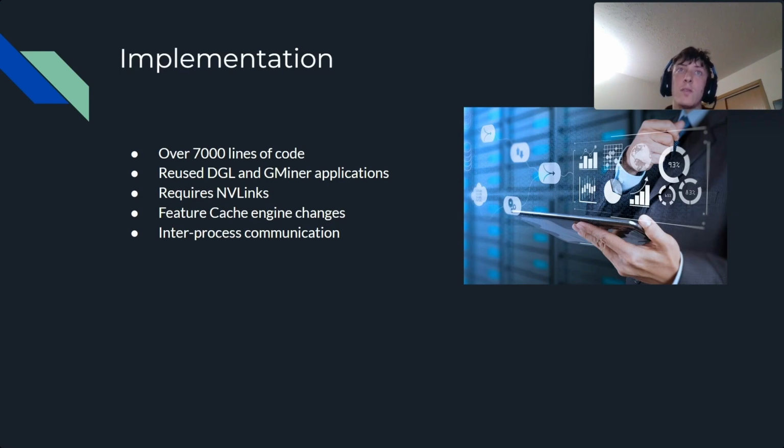The researchers reused some of the deep graph library implementations, such as Graph Store module and GPU backend. The authors also used the graph processing module from Gminer to assist in the partitioning. The researchers found that NVLinks are a requirement for their system. When tested without them, they found that throughput was decreased by up to 50%.